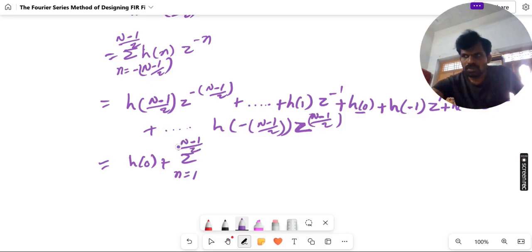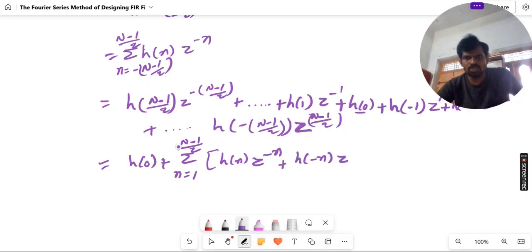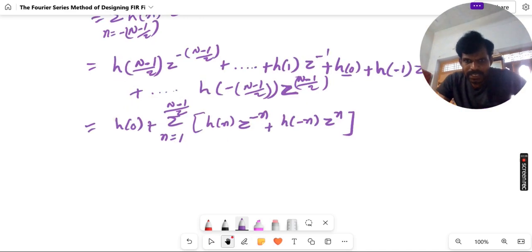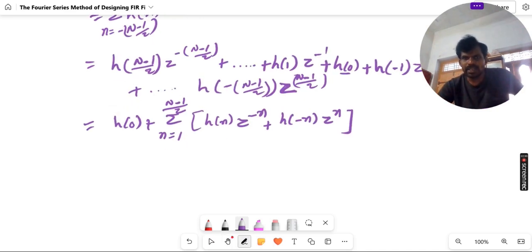According to this expression, how are we going to mention that? It is mentioned like this: h of n into z to the power of minus n plus h of minus n into z to the power of plus n. For a symmetric impulse response, h of n is equal to h of minus n.